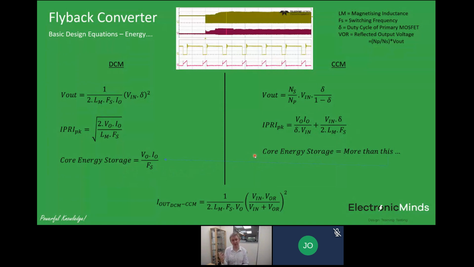In some applications, for example quasi-resonant systems, whereby you have that relaxation of the voltage ring, you actually want to make sure that you always operate in DCM operation. So you have to design your circuit appropriately. But you can use all the maths here to work out, for a given operating point, whether you're in DCM or CCM. So hopefully that makes sense.